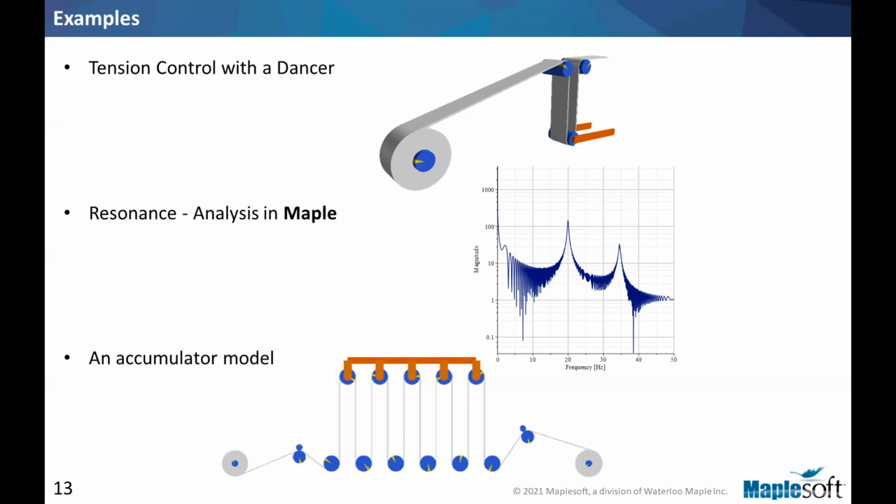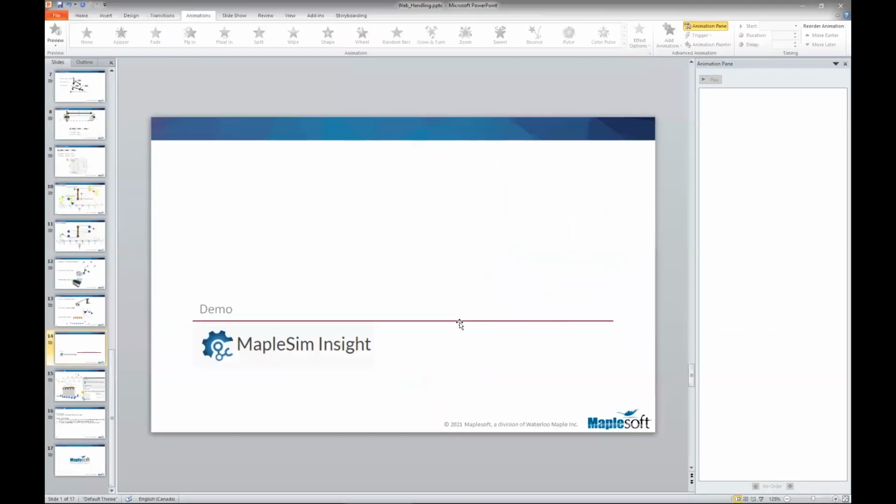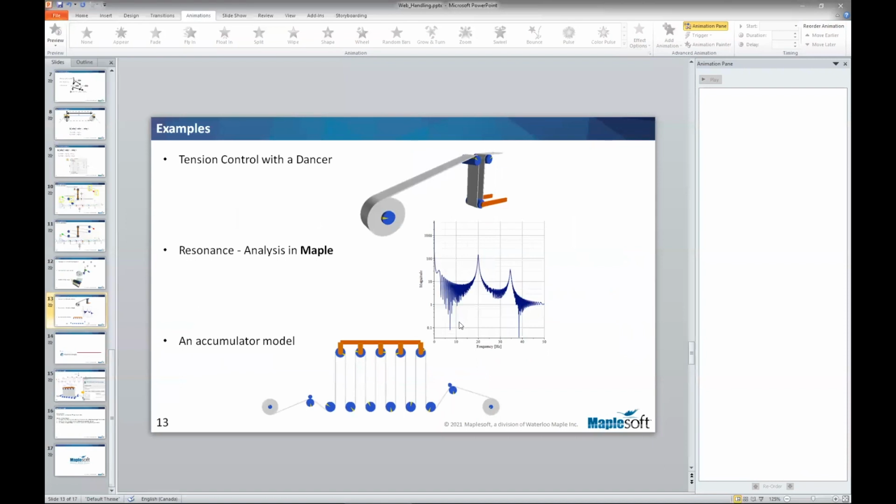We will look at something very simple in the form of post-processing the results to get a frequency response. The last model we look at is a more detailed or elaborate model, and that model would be our segue to code generation and dealing with FMUs. So with that, let me stop the presentation and go to MapleSim.